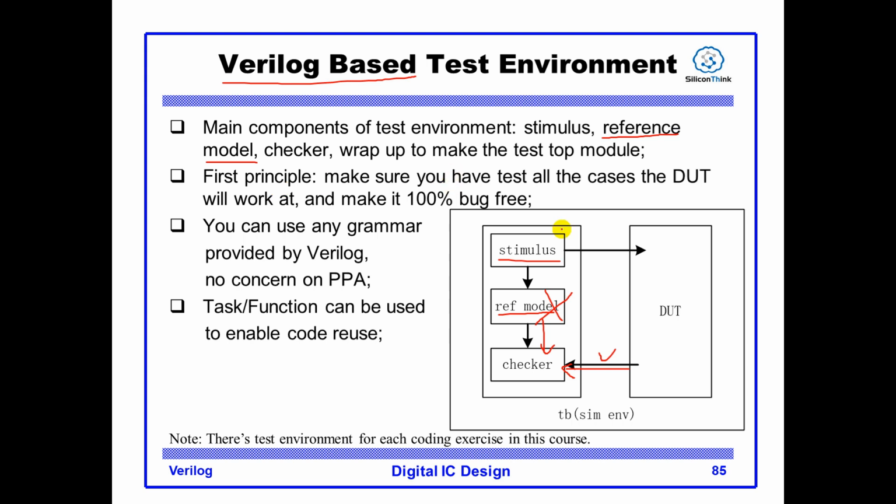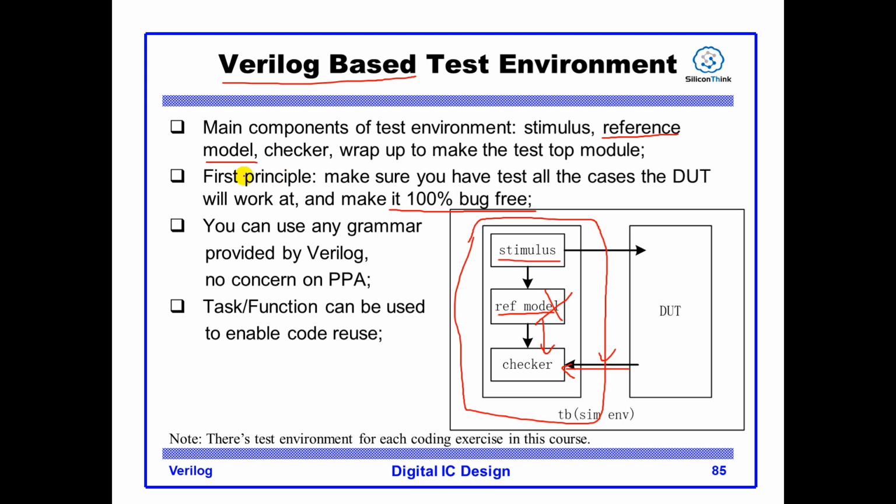And for the test environment, the first principle is to make sure you have tested all the cases the DUT will work at. That is, after the test, if you see the test has passed, you can make sure the DUT is 100% bug free, there is no bug in the DUT.